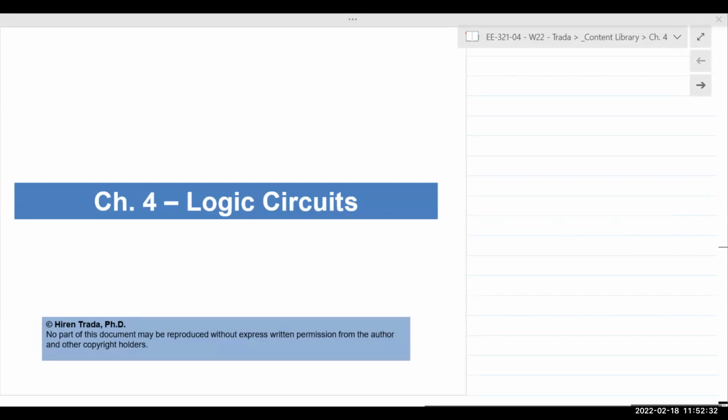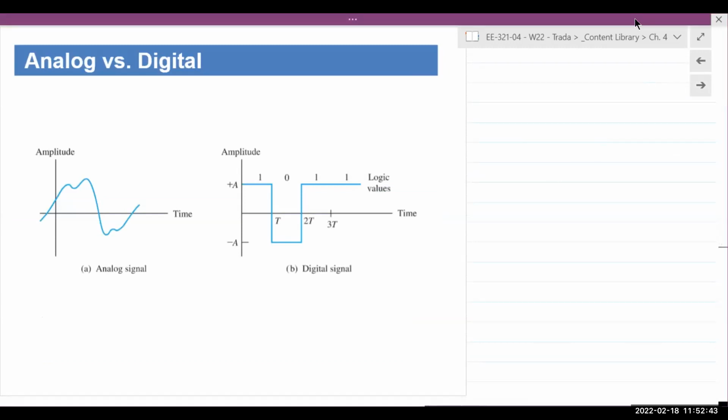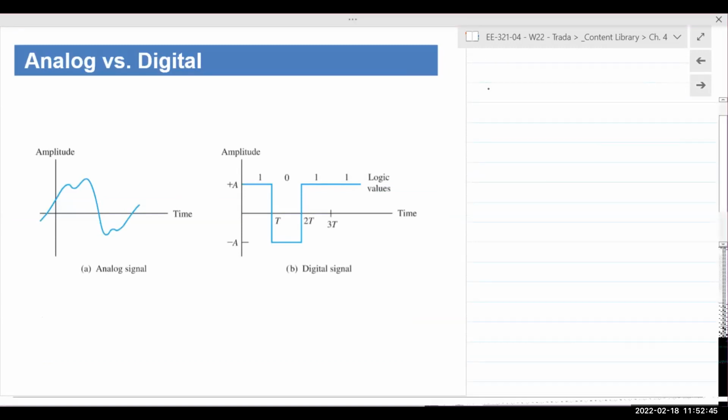Digital signals. So far in all of our analysis, what we have learned in 201 and 321, we have always dealt with analog signals. When I say signals, signals can refer to voltage, current, or power.